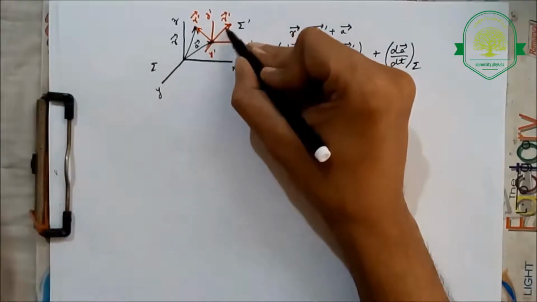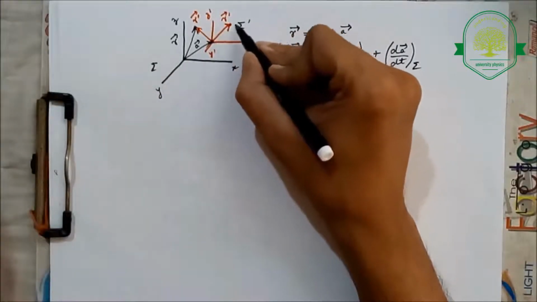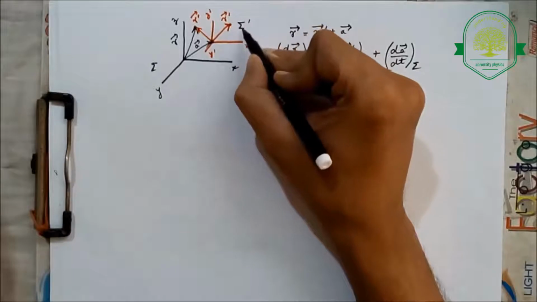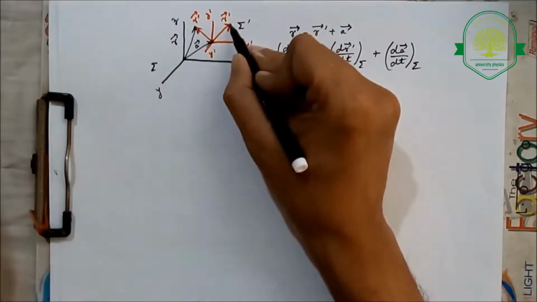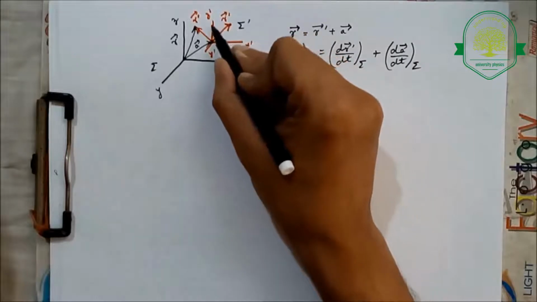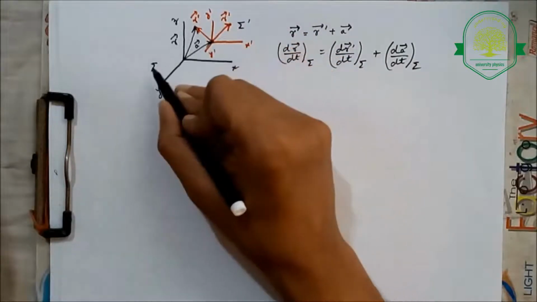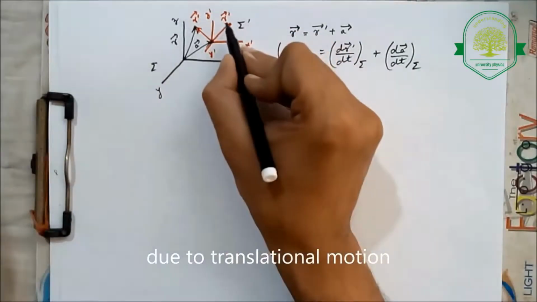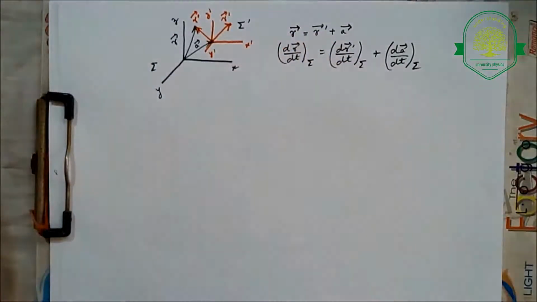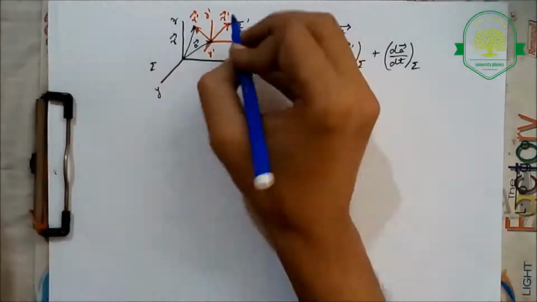Because this vector is stationary in the primed frame, as seen from the unprimed frame it will have two velocities. One is the velocity of the frame itself, and the other is because of the rotation of the sigma primed frame itself.